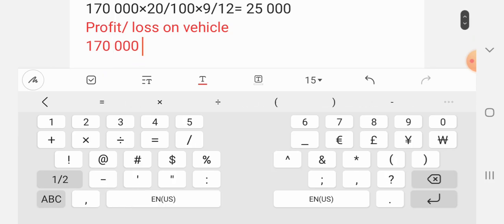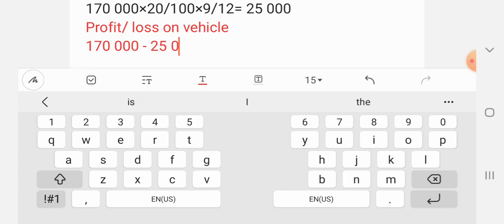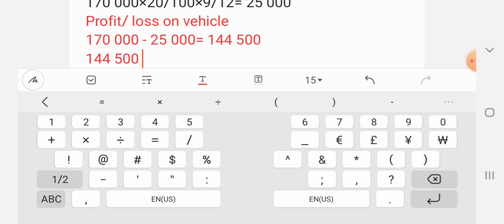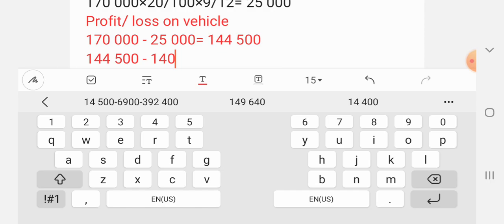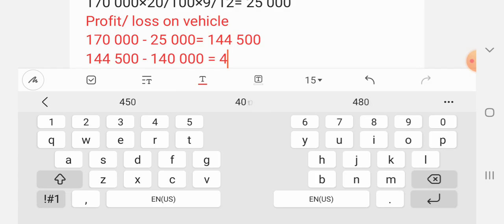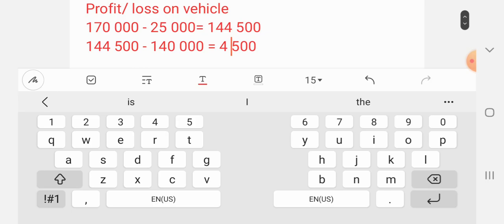That will subtract the 25,000 rand, which is depreciation, and that will give us 144,500. Then this is the carrying value. We can see that this carrying value is more than what the asset was sold for, so we are in for a loss. Minus 140,000, this is the amount that the vehicle was sold for, and then we get 4,500 rand. So that is the loss.